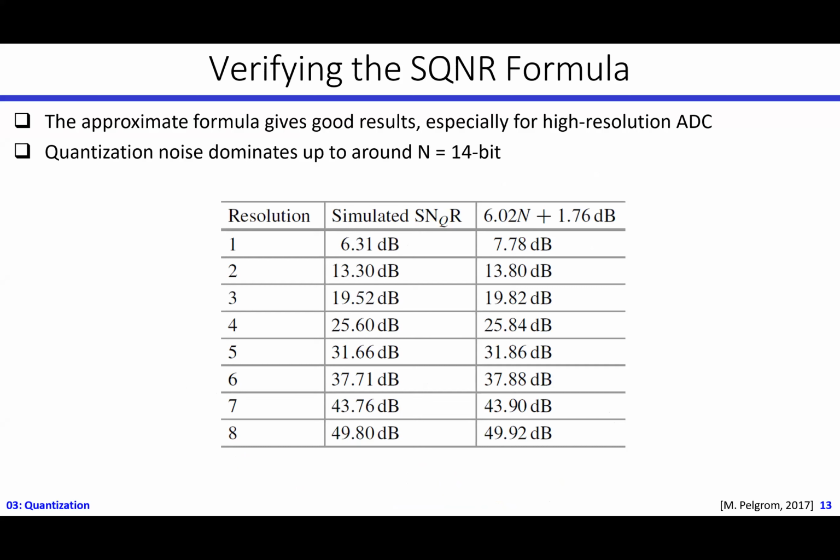Now, if we compare the simulated SQNR with this formula, meaning I designed an ADC and simulated the maximum SQNR that I can get from it and compared the value according to this formula for these resolutions, you can see that when the resolution increases, the error between the estimated value of the SQNR and the real one that I got from simulation becomes very small.